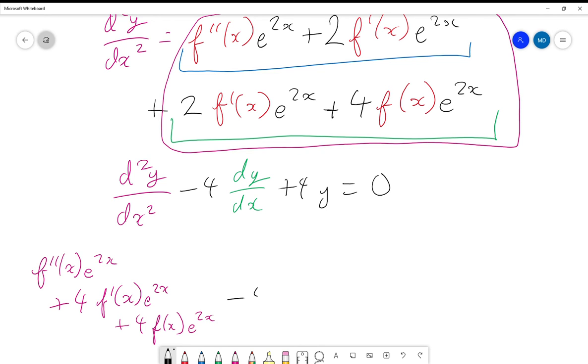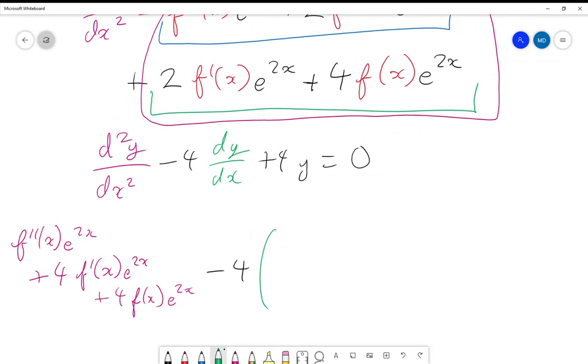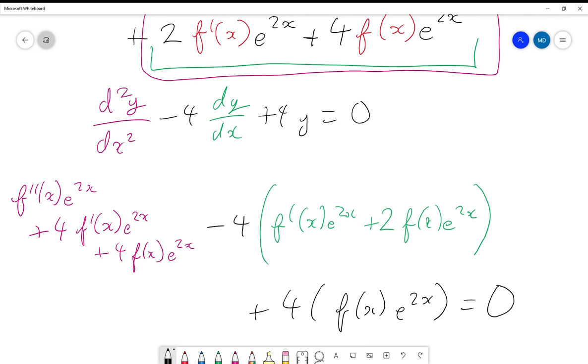Now we're going to subtract 4 lots of dy by dx, and dy by dx is this, so we're going to plug that in. We get f dash of x e to the 2x plus 2 f of x e to the 2x. And then lastly we have to add on 4 lots of y, which was defined at the start to be f of x e to the 2x, equals 0.